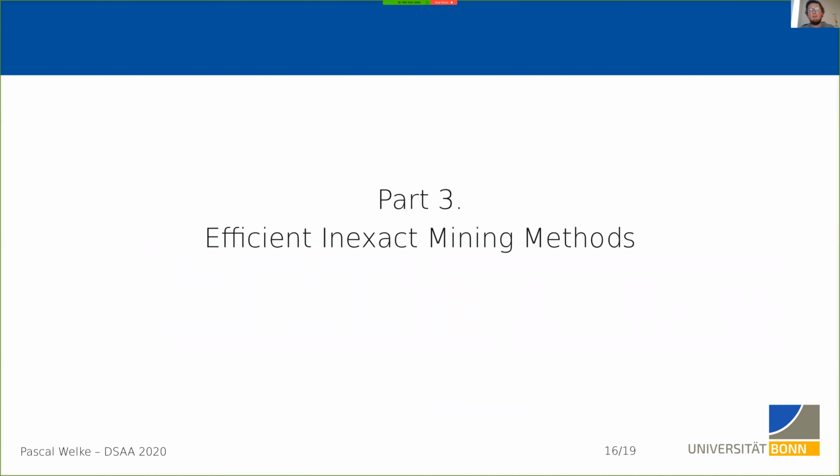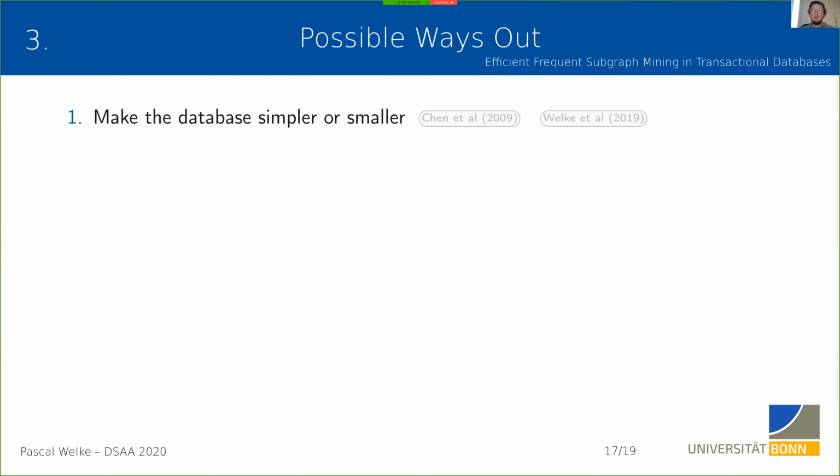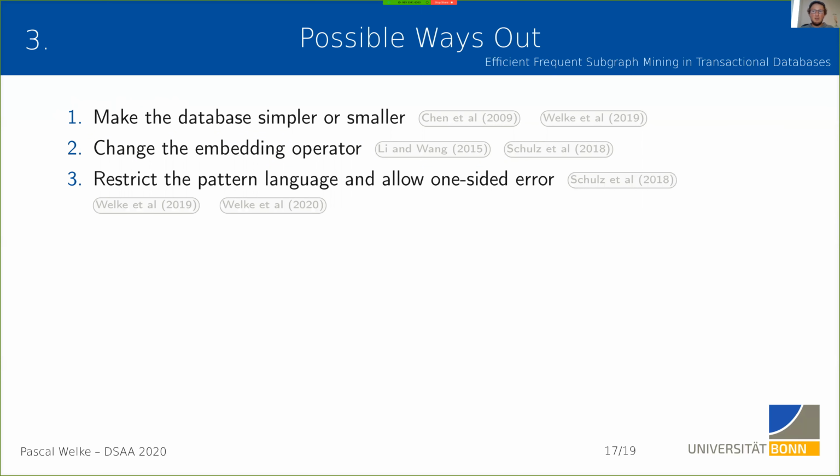Some ways of dealing with this have been proposed in the last few years. And this is where the second 10 years basically come in right now. One way would be to decrease the complexity of the database by making it simpler or smaller, changing the embedding operator from subgraph isomorphism to something that might be easier to compute, or restricting the pattern language to something that is easier to handle, for example, only to trees, and then allowing a certain error in the set of patterns.